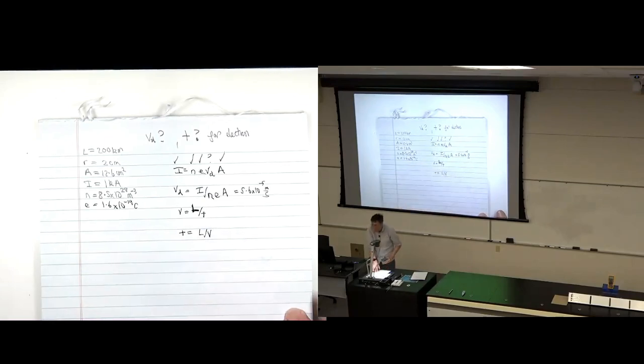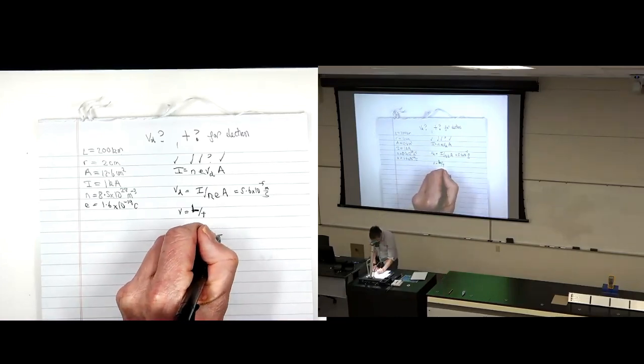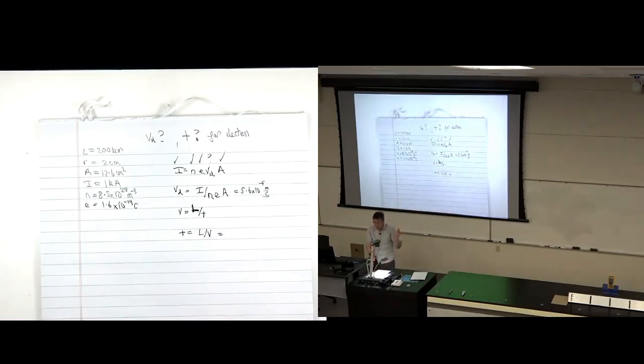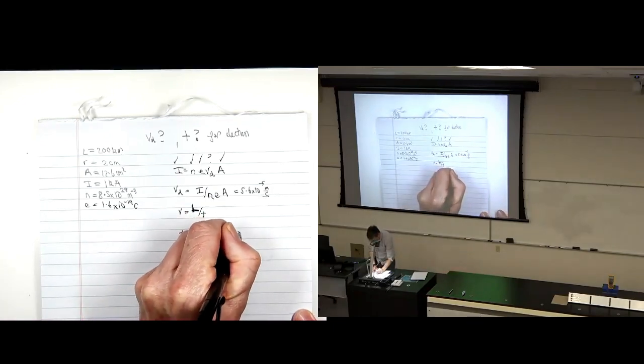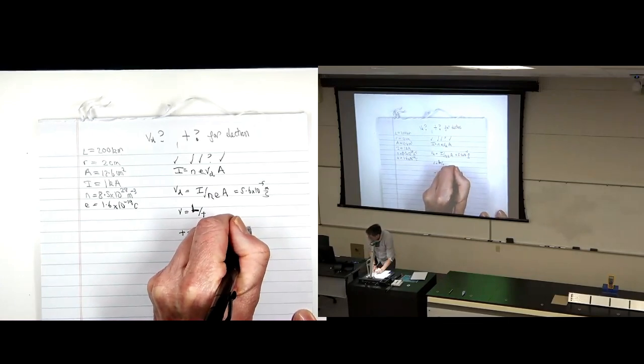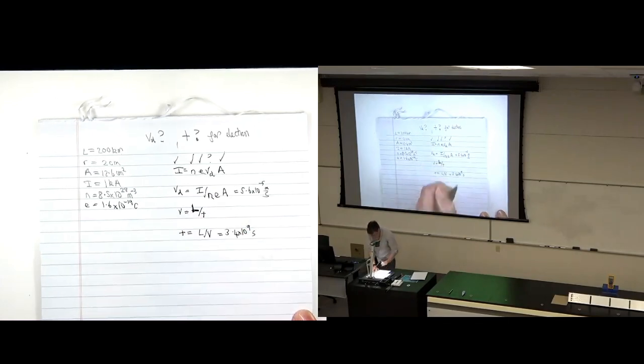It'd be L over v. The longer the wire, the longer it's going to take. The faster the speed, the less time it'll take. Again, if I plug in all the numbers, this really tiny velocity, this 200,000 meter distance, you get an enormously long time. It's 3.4 times 10 to the 9 seconds, an enormously long time.